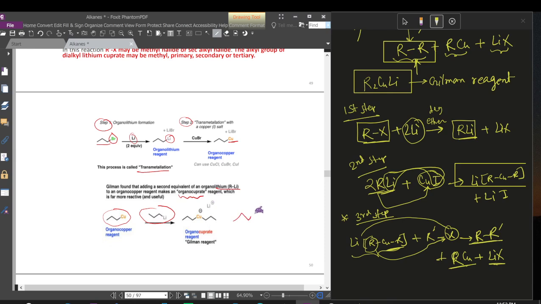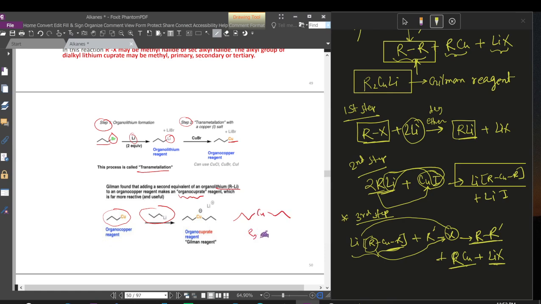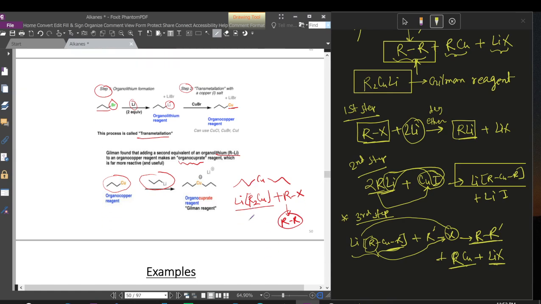We call this the Gilman reagent. You can also represent it as R2CuLi. This is our Gilman reagent. If we add the Gilman reagent to an alkyl halide, this will form an alkane. So by this Corey-House synthesis we can produce any kind of alkane.